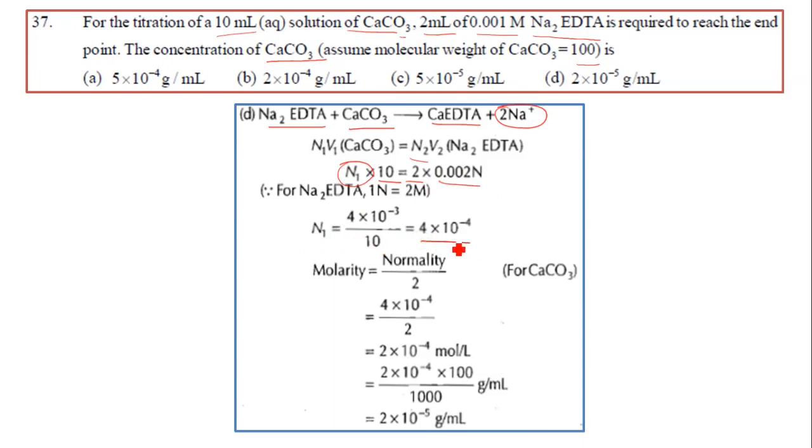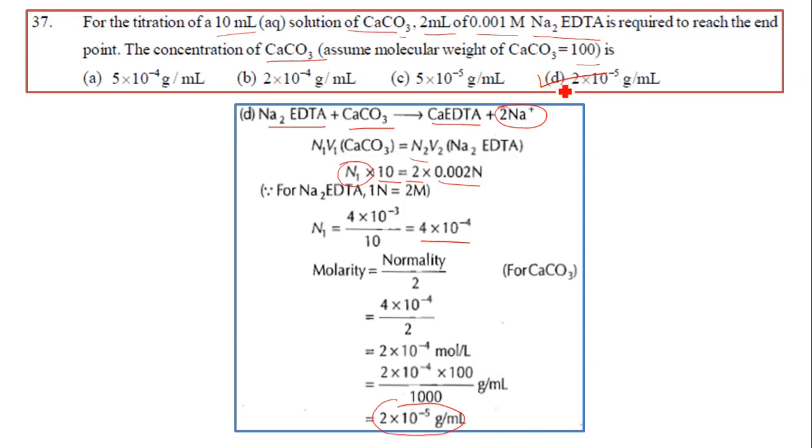Here we have to calculate, the molecular weight has been given. So molarity is normality by 2, because 2 ions were replaced. So you will get 2 into 10 power minus 4 mole per liter, divided by 1000, you will get 2 into 10 power minus 5 gram per ml. Answer D is correct.